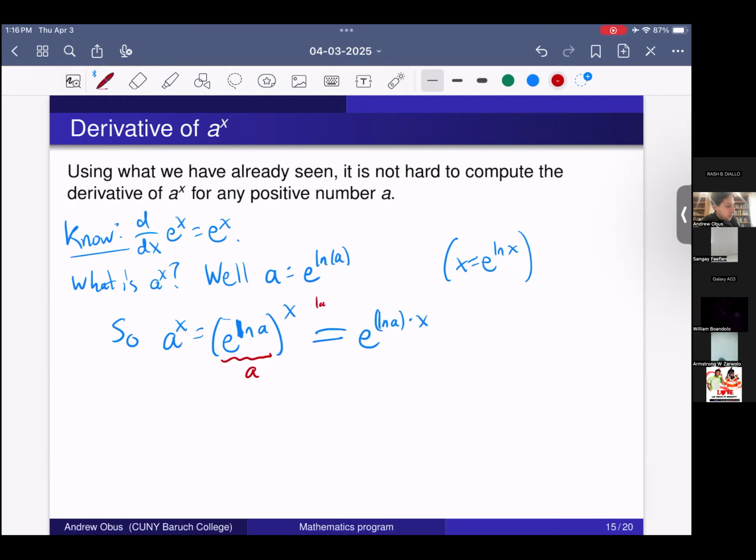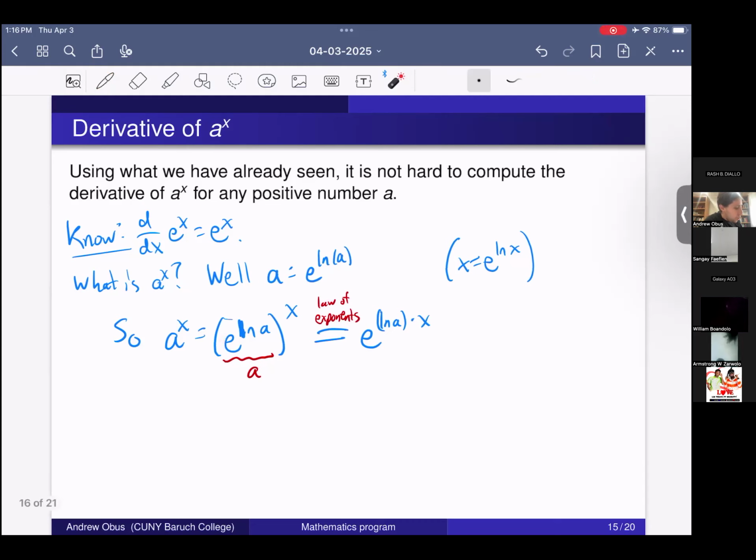Right, law of exponents: if I raise e to a power and then to another power, I multiply the exponents. So this a to the x, I can write it in terms of e. It's just e to the ln of a times x. Okay, so now let's take the derivative using the chain rule.